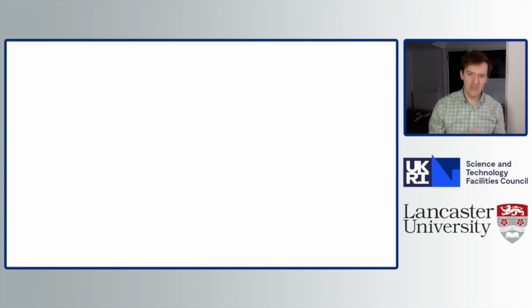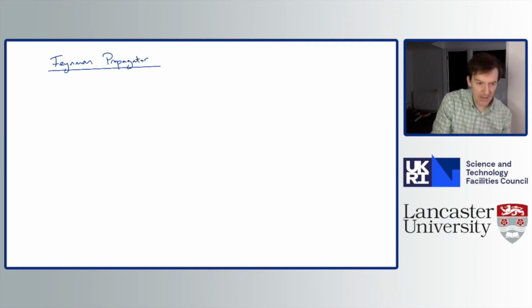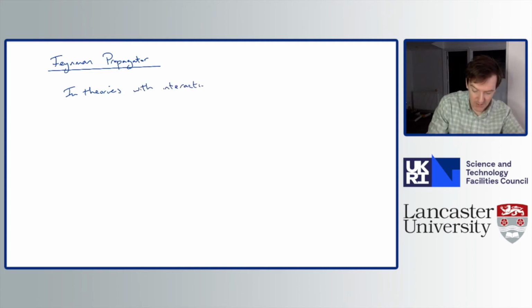So next, I want to introduce another propagator, which is the so-called Feynman propagator. A slightly more complicated beast. Okay, so in theories with interactions, which are the types of theories we want to go on and consider, this Feynman propagator is going to show up a lot.